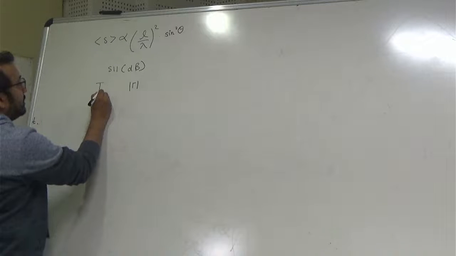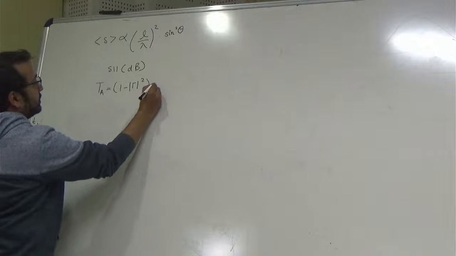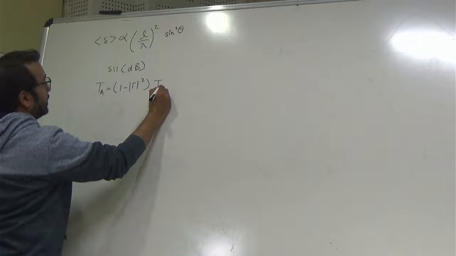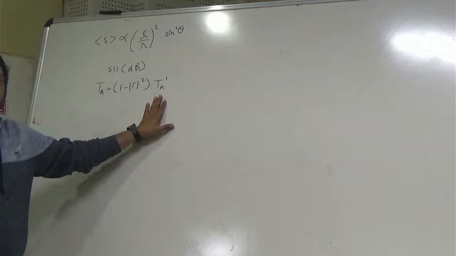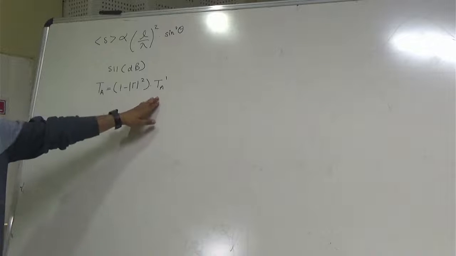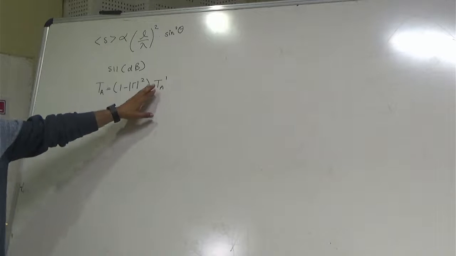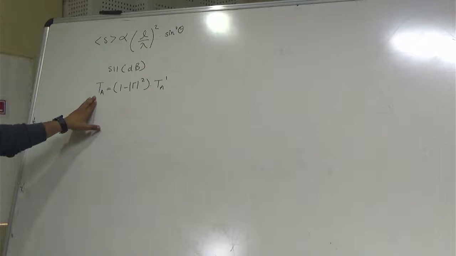So your antenna temperature is nothing but 1 minus gamma squared times whatever is coming from your sky. Let's call it T. So T prime is already being weighted, so after your primary beam convolution, you get this. But when you actually look at the data on your computer, you will not receive this, you will receive this modulated version.